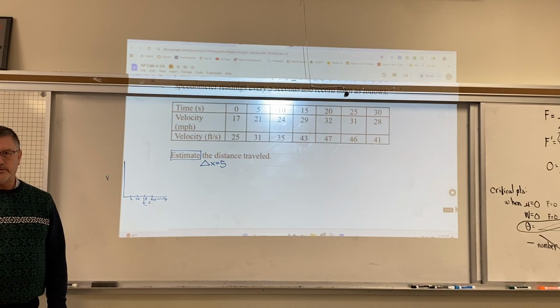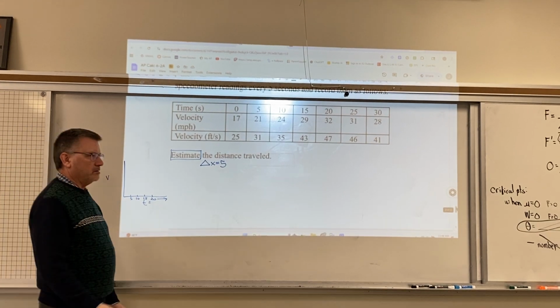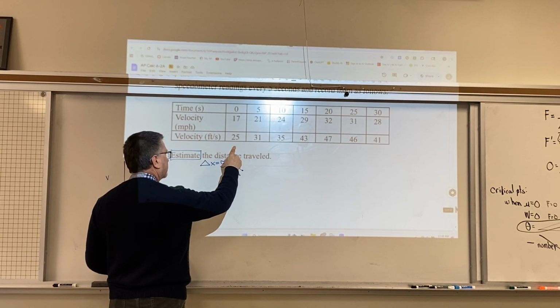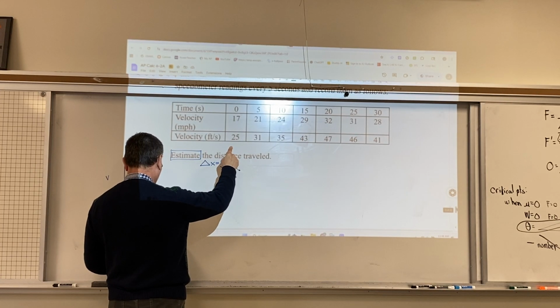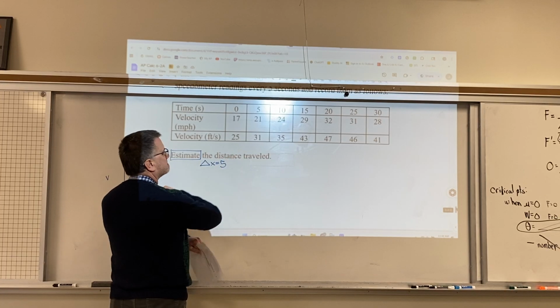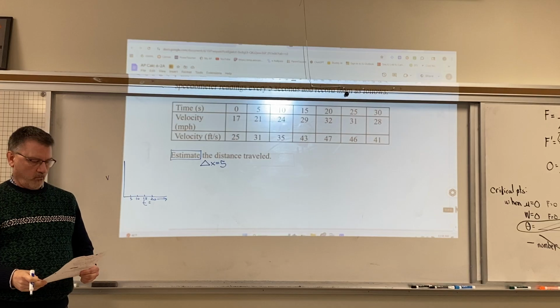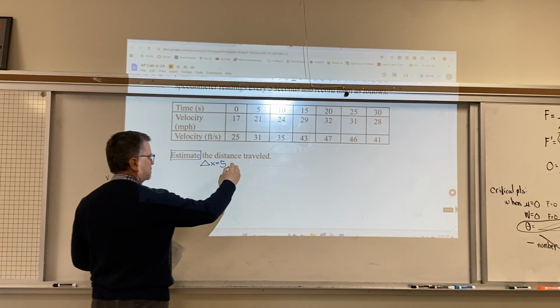What's the height of each rectangle? I don't know. Let's use the left. If I use the left side, let's do that one. Left side.